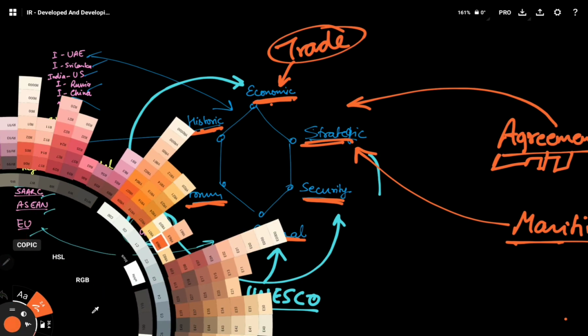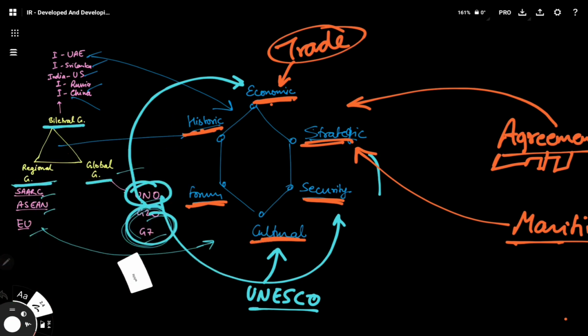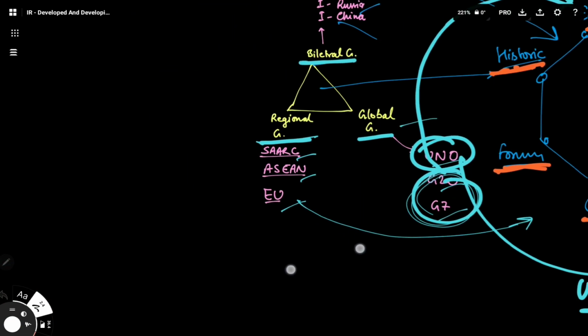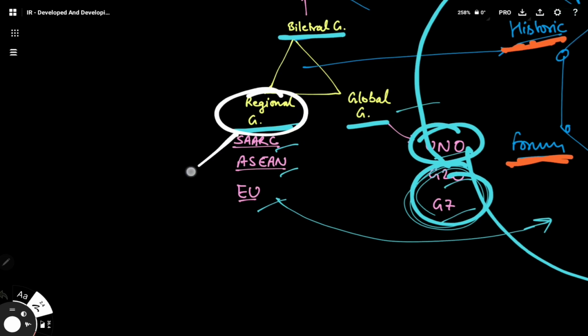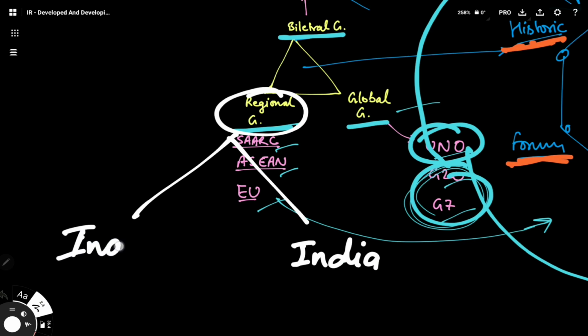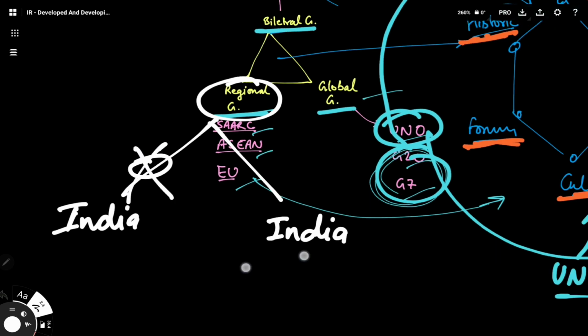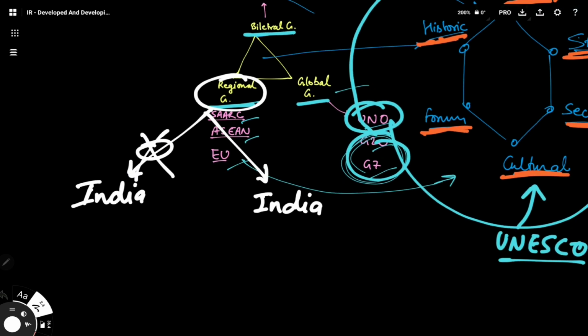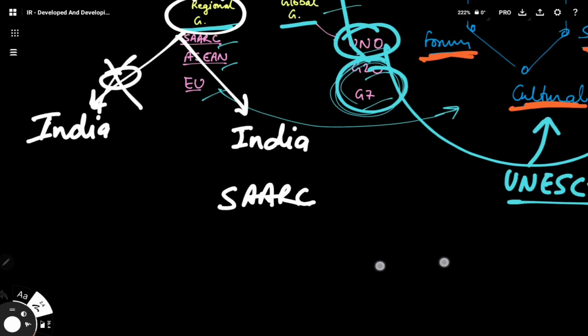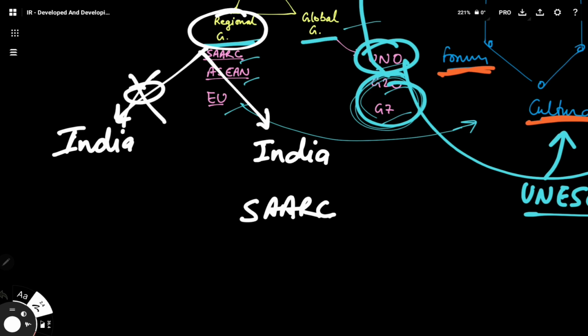One more interesting thing is here that you can see, these regional groupings can be divided into two groups: one that involves India, and second in which India is not a part. Okay, India is not a member. Okay, so India is a member in these following, like SAARC, SCO and BIMSTEC.